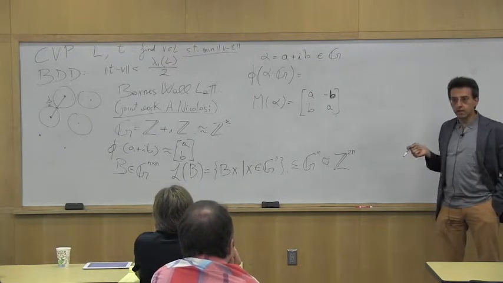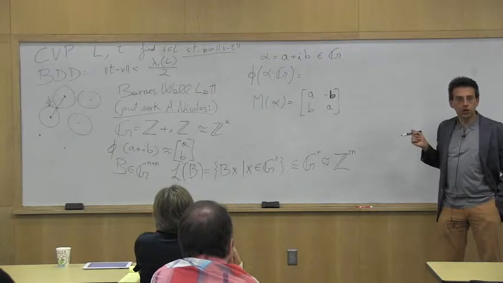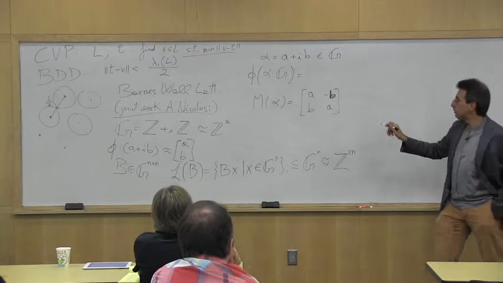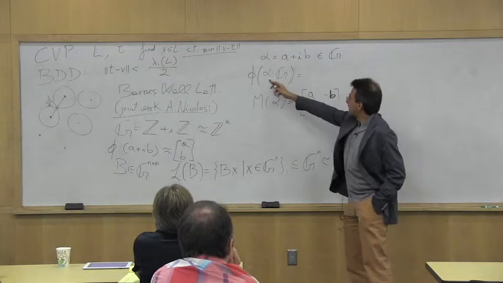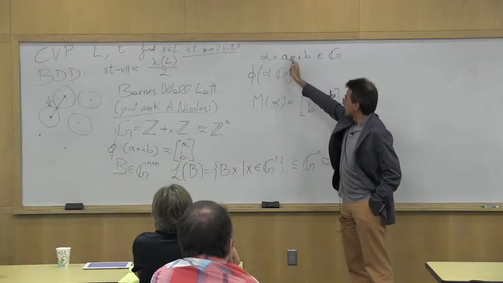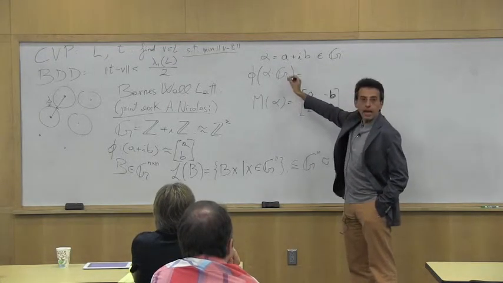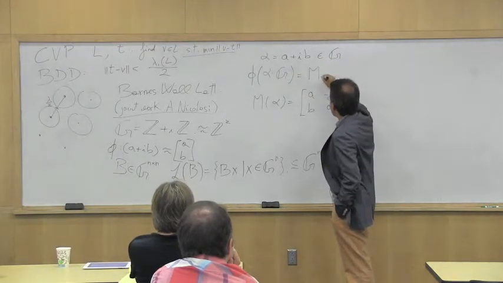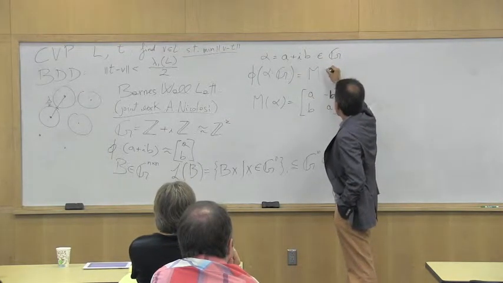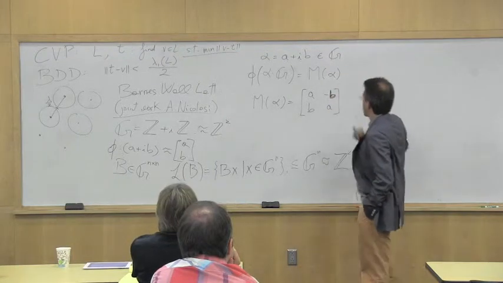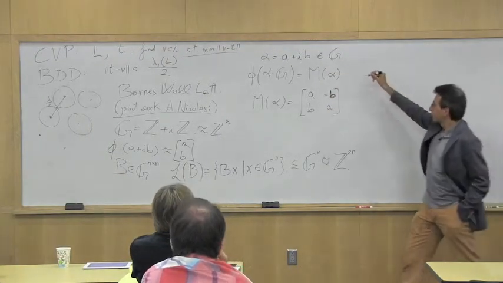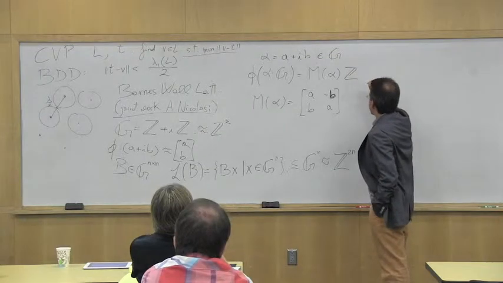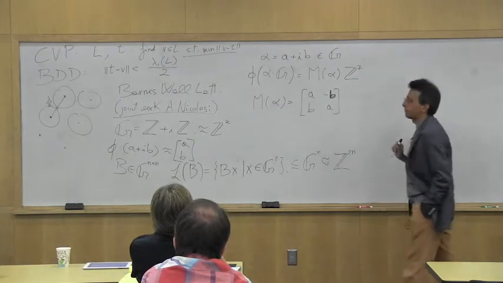It corresponds exactly to the multiplication of complex numbers. And if you take this number alpha and you multiply it by G, what you get is exactly the lattice generated by the matrix M alpha, which in this case is multiplied by Z squared.